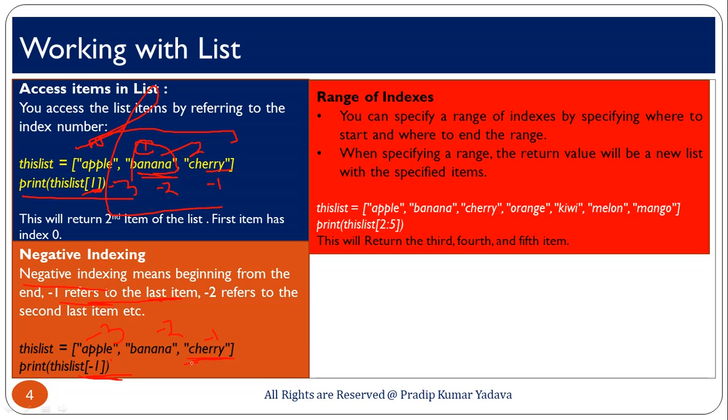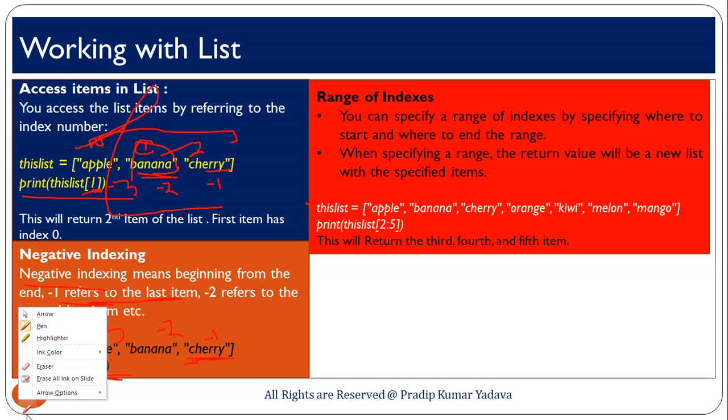Now, talking about range of index, yes, definitely you can also specify a range of index. You can specify a range of index by specifying where to start and where to end the range. When specifying a range, the return value will be a new list with the specified items. Suppose this is a list and you want to return from 2 to 5.